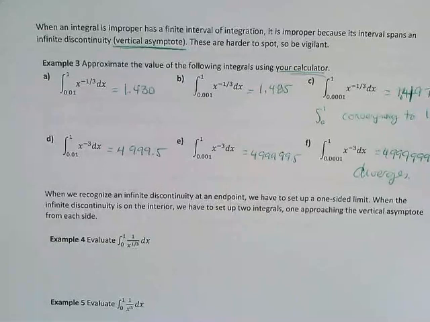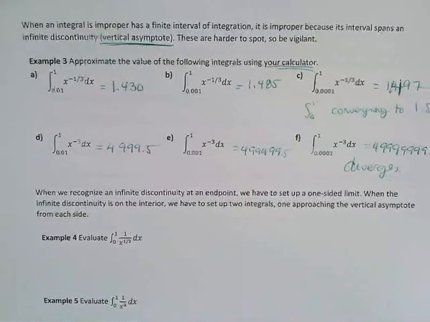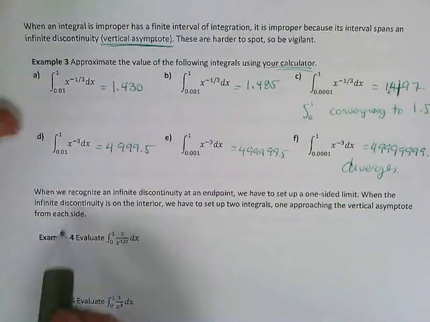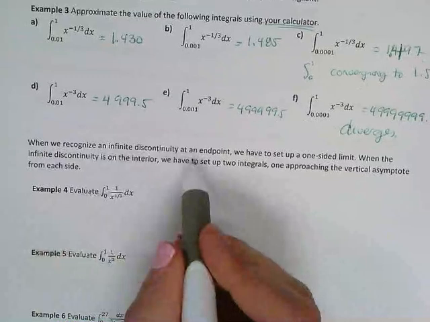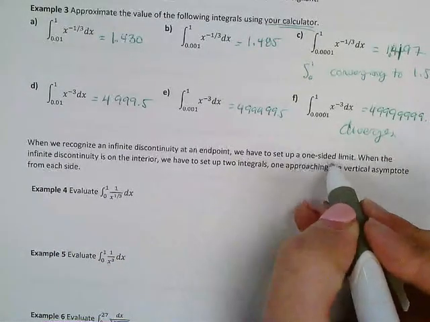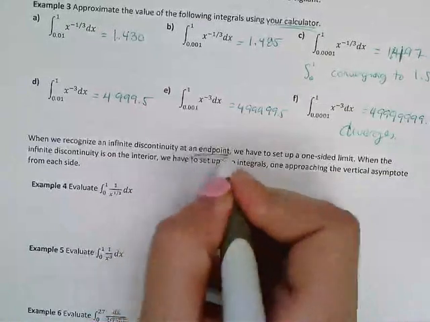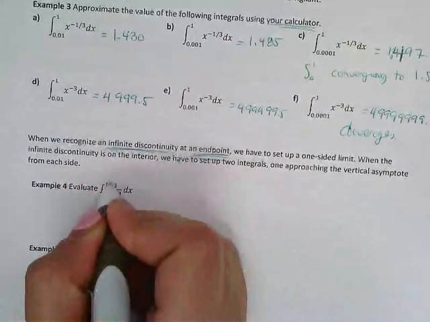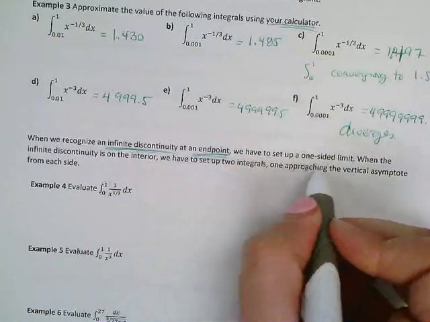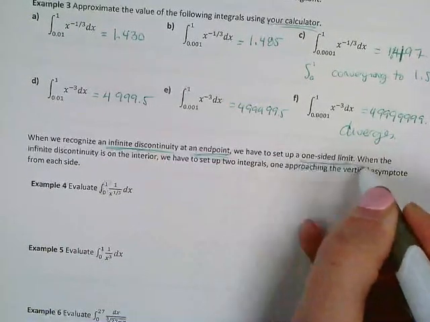So we've kind of already looked at this before. Okay, we approximated the value of integrals using a calculator so that we can see what it is that we're talking about. Now, when we recognize an infinite discontinuity at an endpoint, we have to set up a one-sided limit. So if you notice that one of these endpoints is going to be an infinite discontinuity, then we have to set up a one-sided limit.